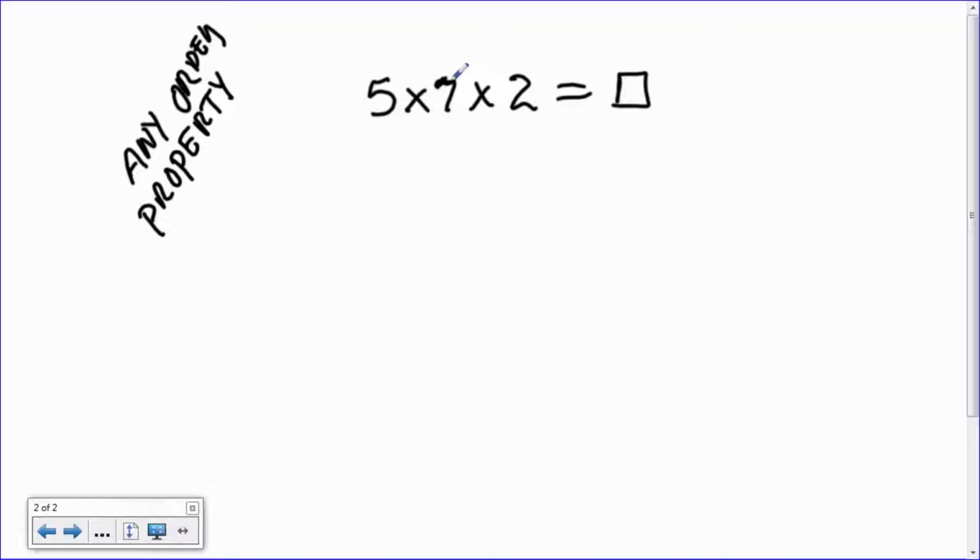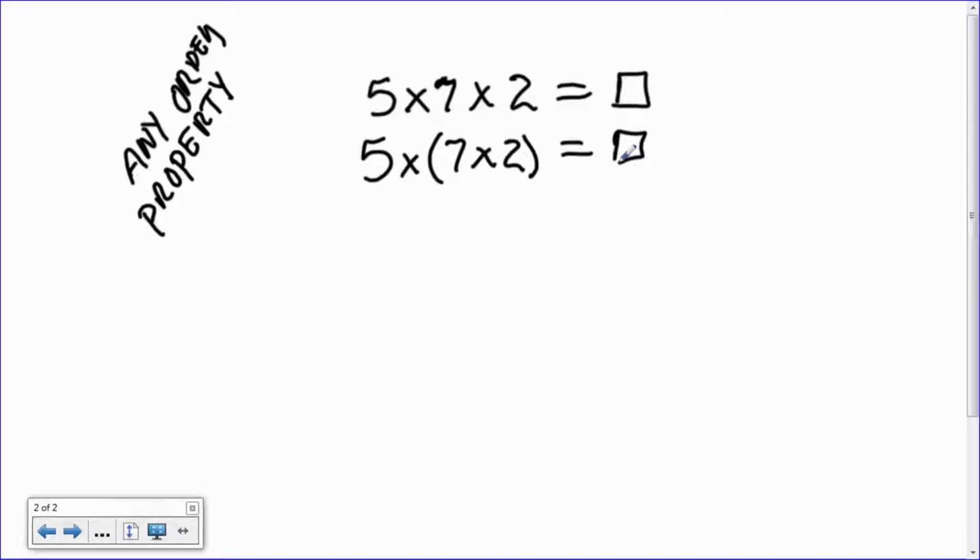And so in the absence of any parentheses, it might be that I want to find out if I have 5 groups and their size is represented by 7 times 2, how big is the target set?